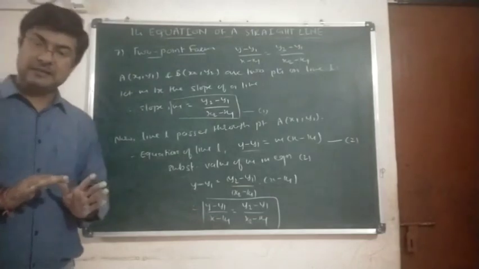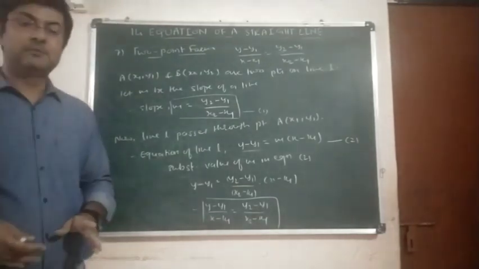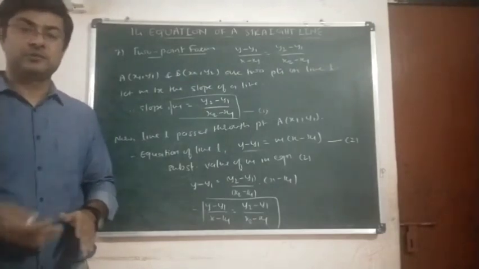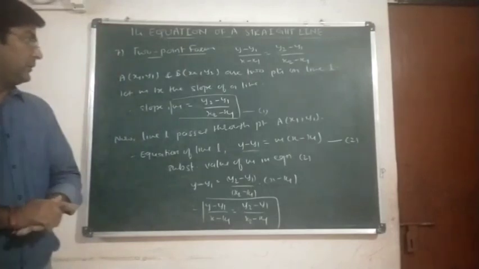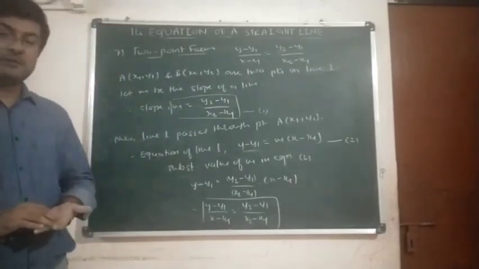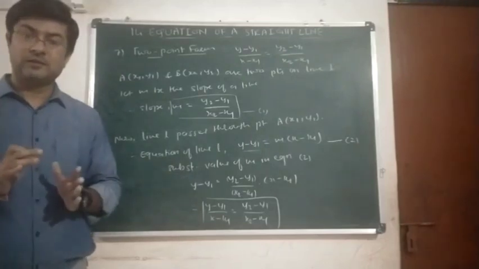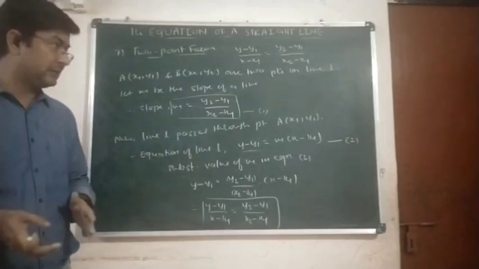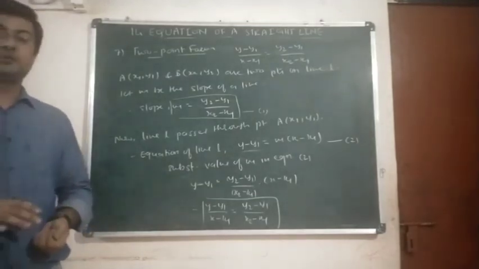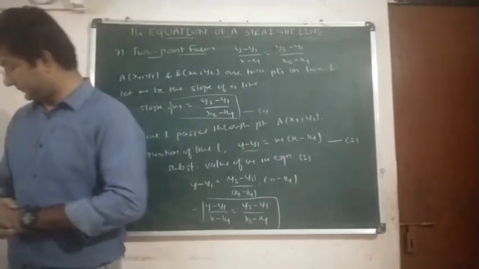As far as the class 10 syllabus is concerned, there are many more formulas, but those you are going to learn in the higher classes. Okay, so I have explained all the formulas of various forms of a line. Yes or no? Now we are going to solve the exercise on the basis of this.